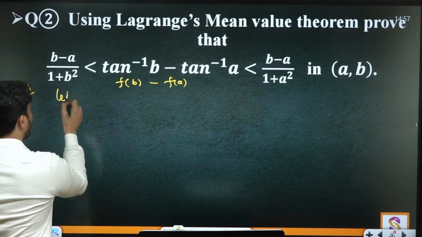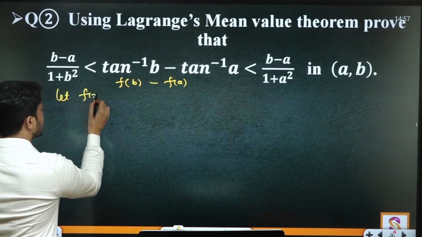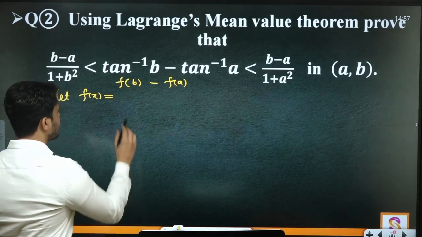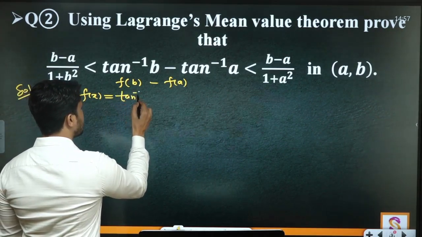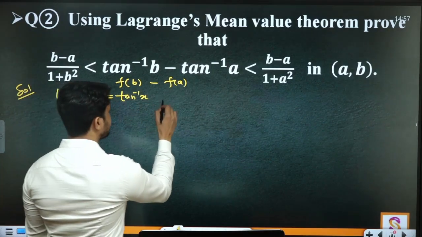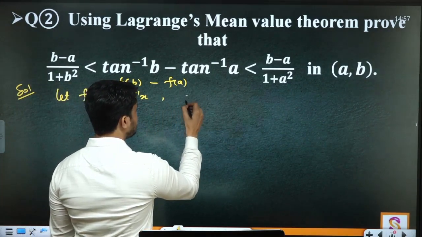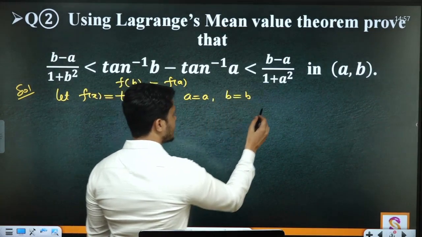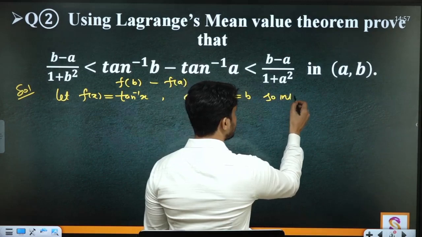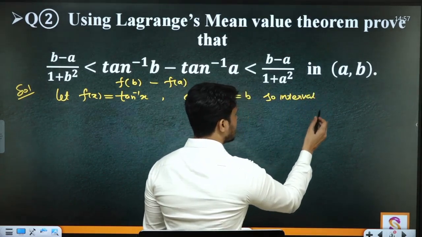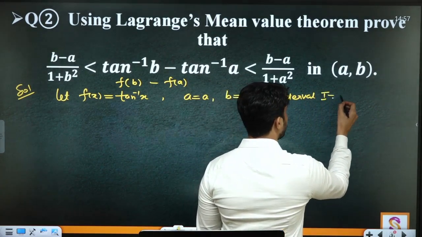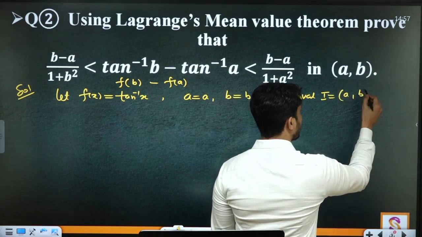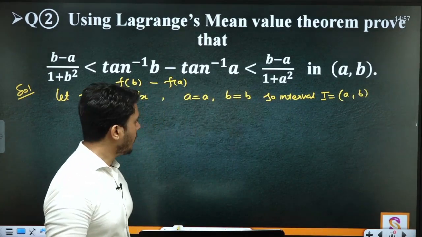So after that you have to find out the function f of x. तो f of x क्या होगा? tan inverse x. a कितना है, a है, and b is b. So interval I will be a comma b. वो दिया भी है उसने, interval I is equal to a comma b.